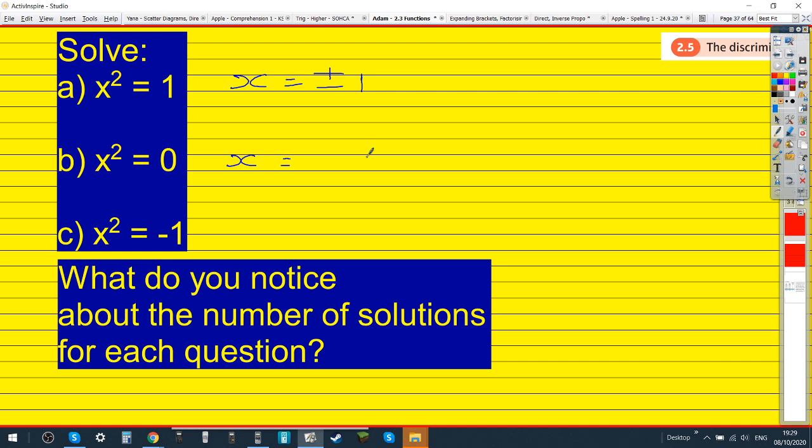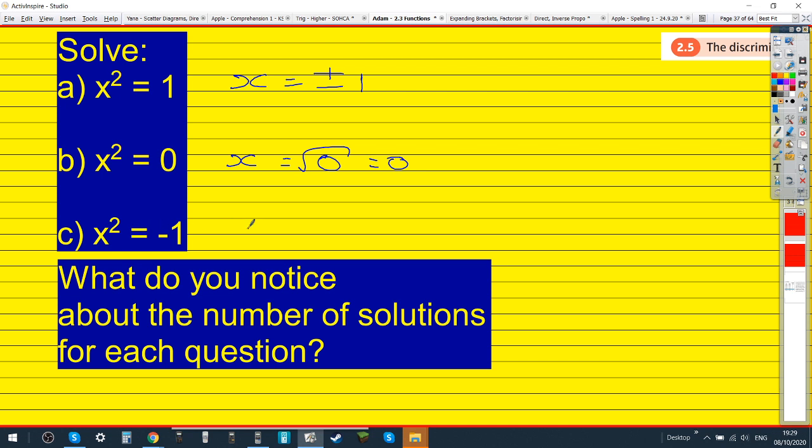Square root. Square root of 0 is 0. Yep, and so x equals the square root of 0, which is just 0. Adding 0 will give you the same number as subtracting 0, and so there's no plus or minus to it.